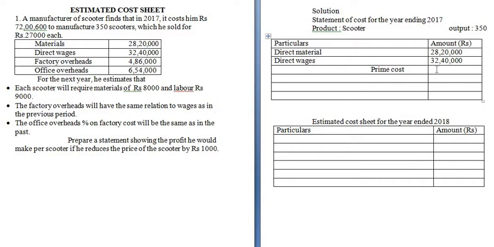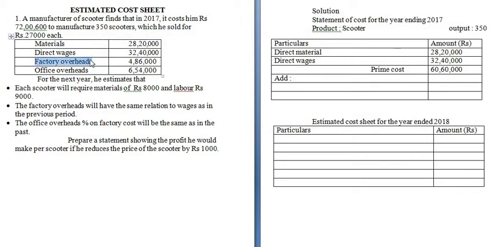So add it. How much will you get? 60 lakhs 60,000. This is prime cost. The next step is to add factory overheads, which is given in the chart.